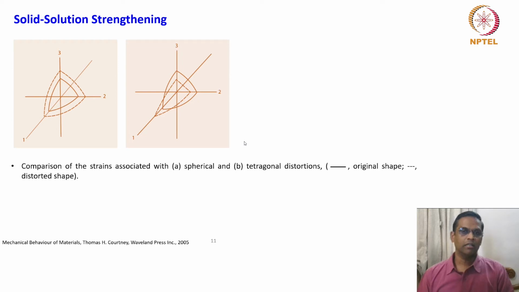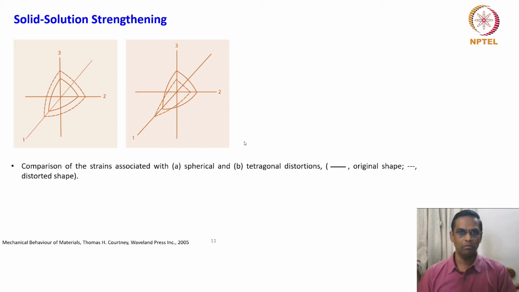I said that if you bring a foreign atom to a matrix, especially in this case, we are talking about a substitutional solid solution. Suppose the atom is of similar size, for example, in this case, the open circle and the black circles are of the same diameter. What you have to understand is that the diameter of the solute atom, even though it is comparable in size, will not be exactly the same.